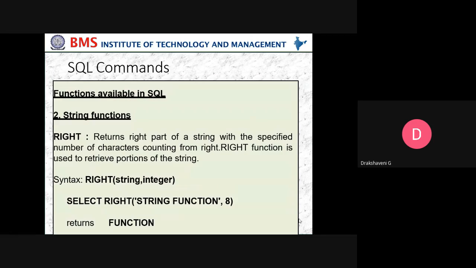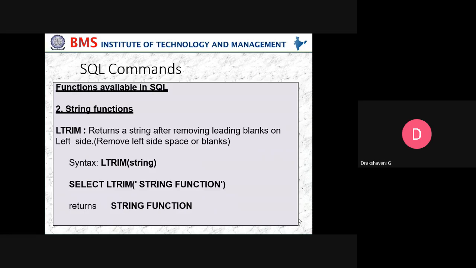So we have a built-in function called right. Now I want to fetch the right part of the string, and what is the size of that particular string? Then we use 8. In the same way, string function left trim returns a string after removing leading blanks on the left side. Remove left side space or blank.